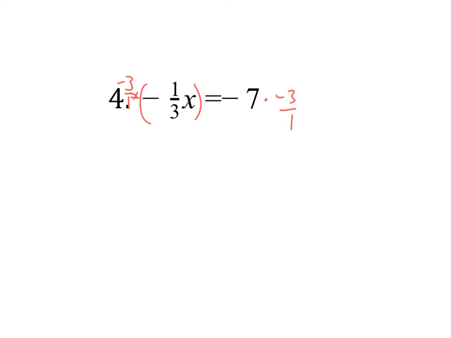In this case, our negatives will cancel, and our 3's will cancel. So we're just left with x on the left side, which equals negative 7 times negative 3, which is a positive 21. So x equals 21.